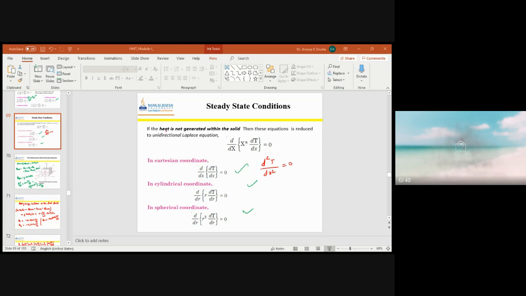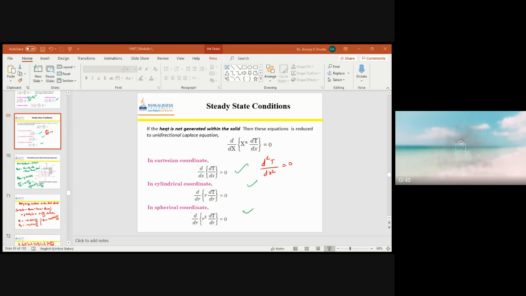And the net rate of heat conduction into this element from these three directions, x, y, and z, is q net equal to qx plus qy plus qz minus qx plus dx minus qy plus dy minus qz plus dz.